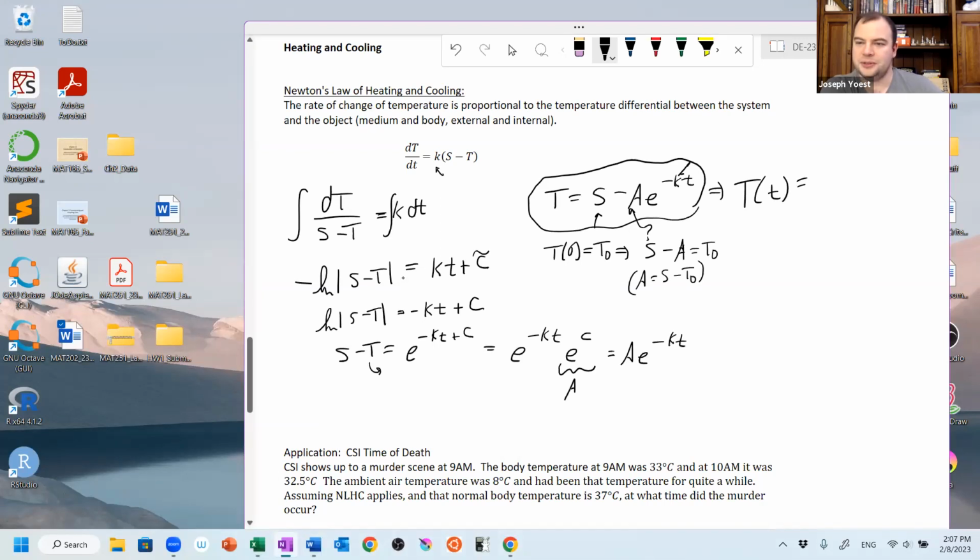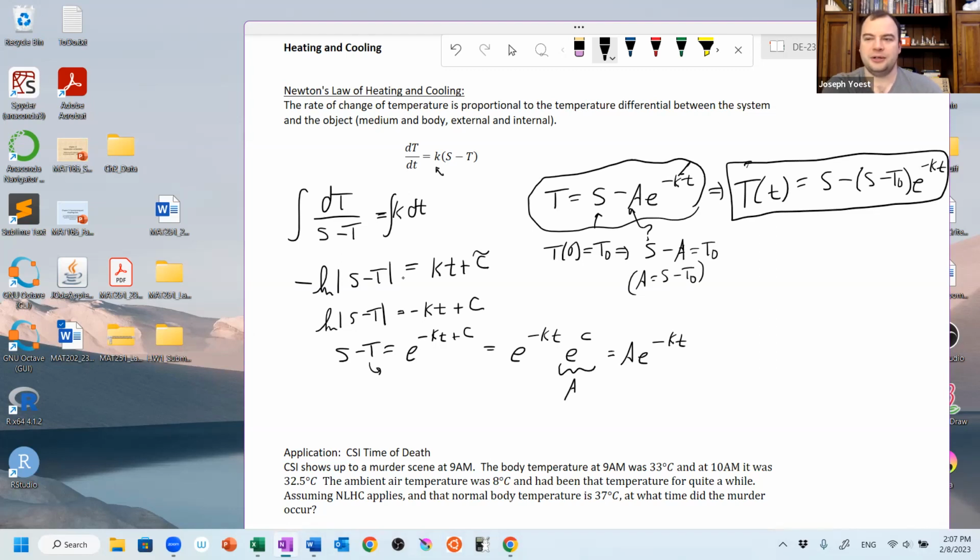T of t equals S minus A, which is S minus T naught, times e to the negative kt. So everything now is kind of in terms of things that are physically meaningful.